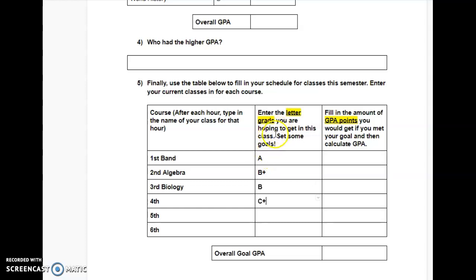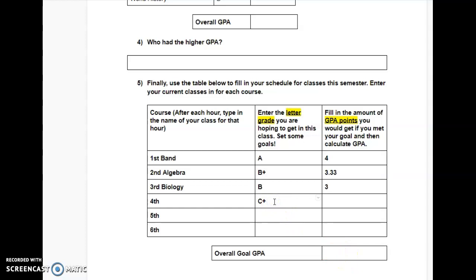Again, these are just the grades you're hoping to get, the goals you're setting. So you're going to put in the grades here. They don't have to be the same as mine. And then just like before, you're going to put in your GPA points based on those using the chart above. And then if you got those grades, what would your GPA for first semester be? And then that's when you'll be set with the document and you'll be all set.